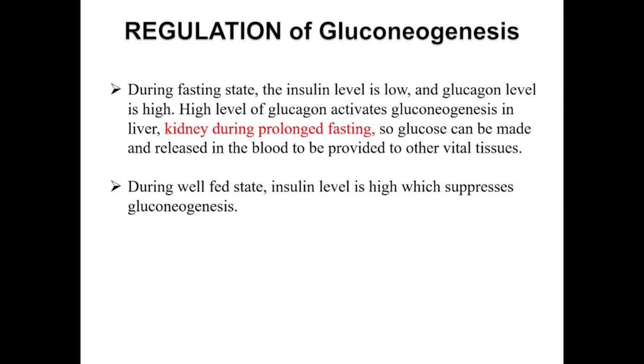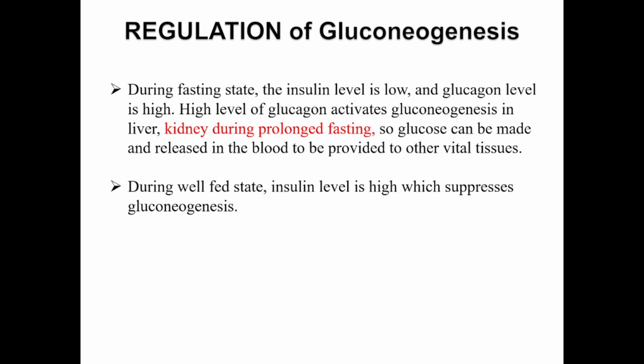RBCs will anaerobically use the glucose, produce lactate, and send it back to the liver. This is called the Cori cycle, a continuous interaction between the liver and RBCs.